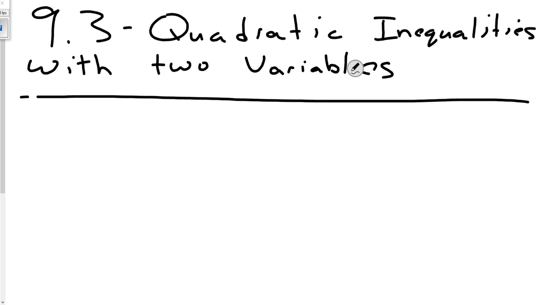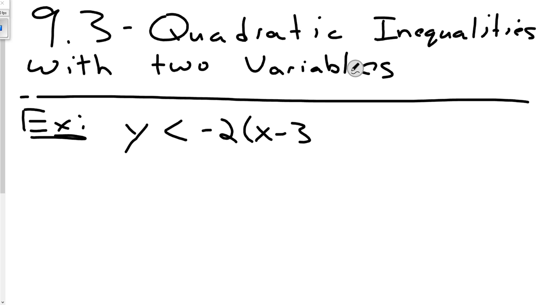So I'm just going to dive into some examples again. I think it's the easiest way to do this stuff. So, for example, y is less than -2 times (x minus 3) squared plus 1.